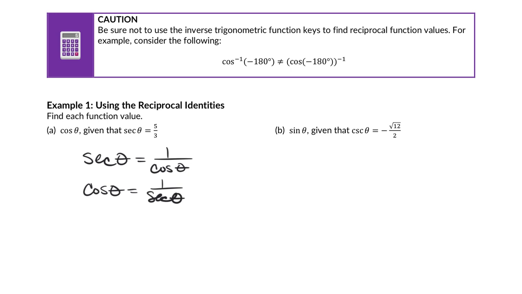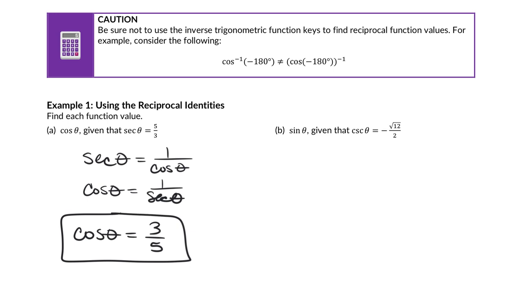So if secant of theta is 5/3, that means that the cosine of theta is 3/5. The end. I literally just used the reciprocal of that fraction since these two functions are reciprocals of each other. That's the fact, and that's how you use it. We're finding cosine of theta, given its reciprocal, just flip the fraction over.